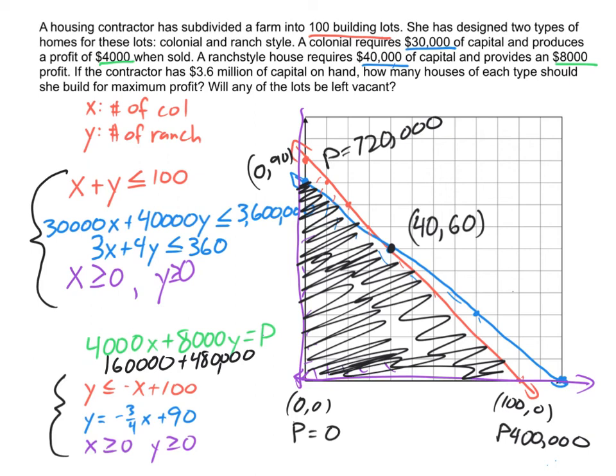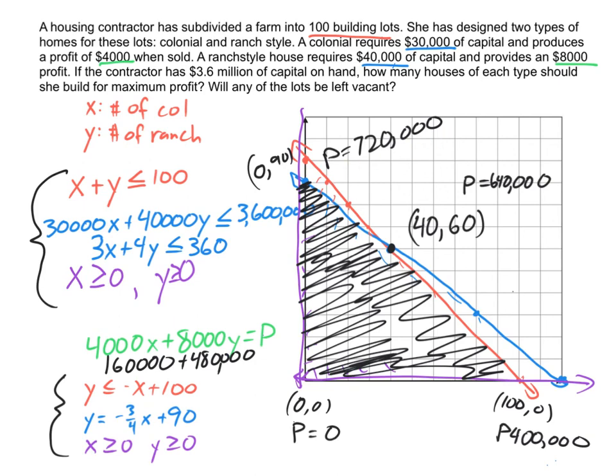And then I add those together, that's going to give me P equaling 640,000. So out of this profit, and this profit, this one is going to be the biggest.